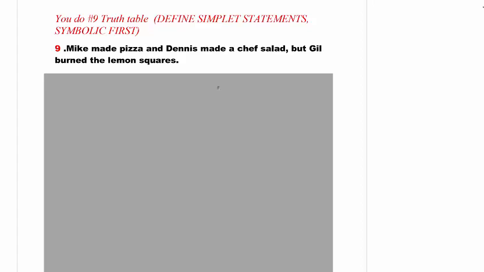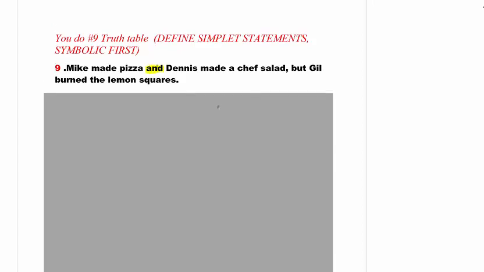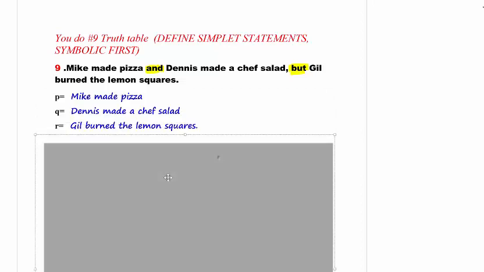So when we're looking at this again, let's highlight our key words, our key phrases. And is a symbol. But is a symbol. We have to be careful in these pieces. I'm going to have 3 simple statements because Mike made pizza is P. Dennis made a chef salad. That's Q.